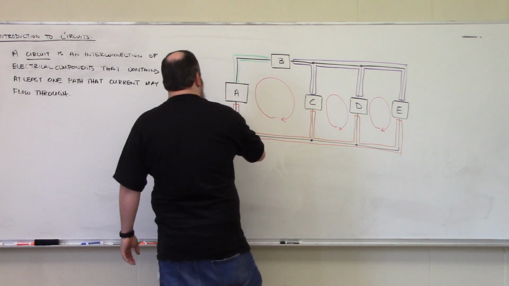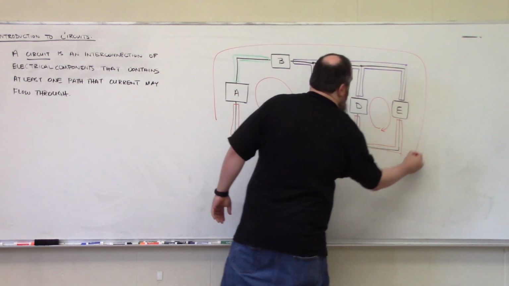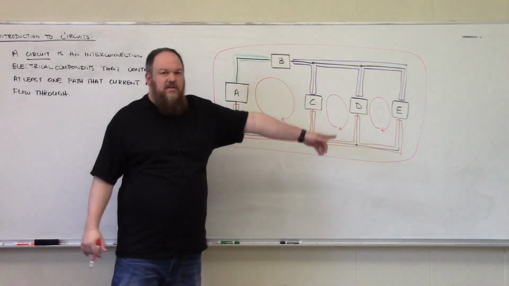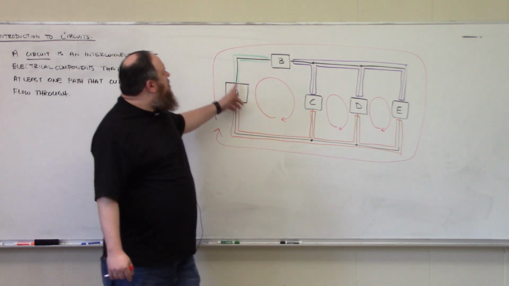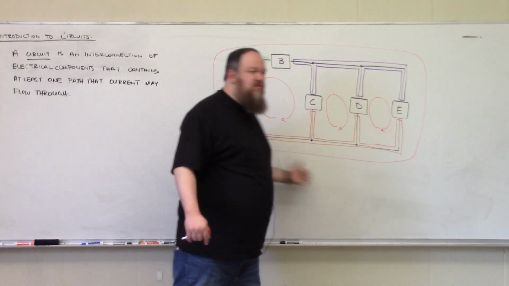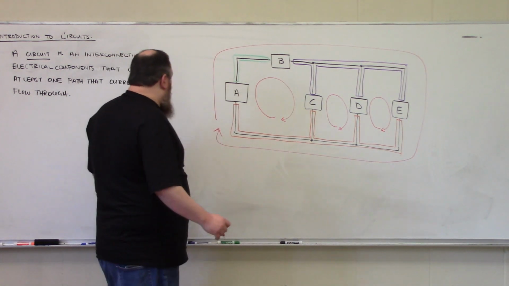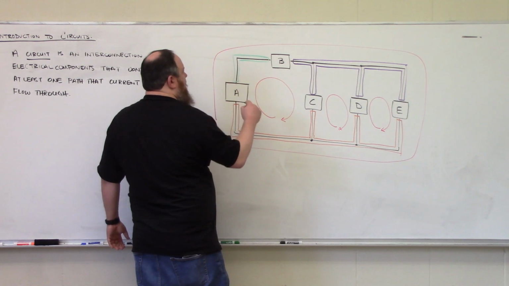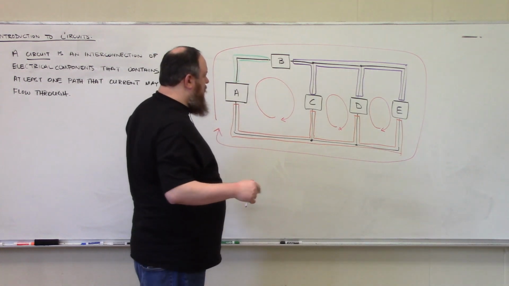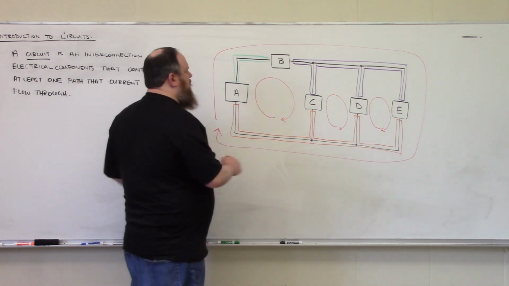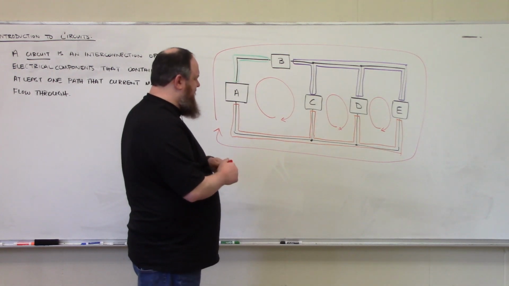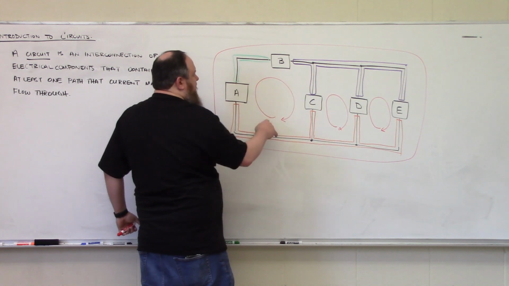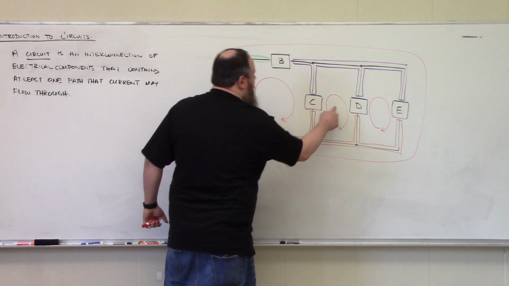We also have a loop around the exterior of the circuit, so current could flow through A, B, E, and then return to A. So that makes 4, and then our 5th and 6th loops I'm not going to draw, I'll just follow them with my finger because this is going to get a little too messy. But we could have a loop that effectively contains this loop and this loop together.